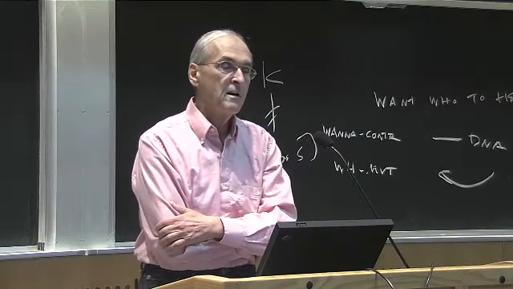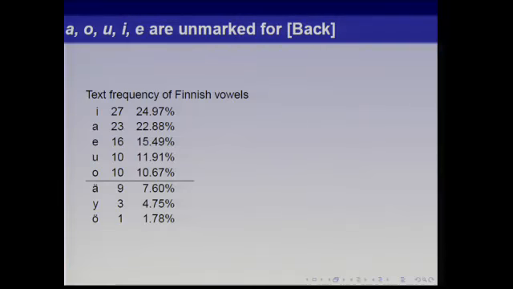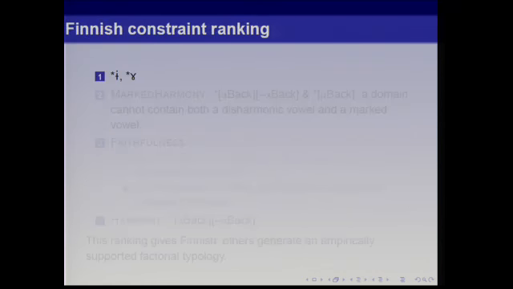It's clear that the 5 unmarked vowels are what you would expect, perfectly correlates with frequency. The marked vowels ä, ö, y make up a small fraction of the total frequency.